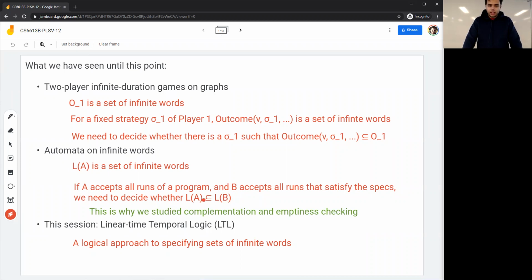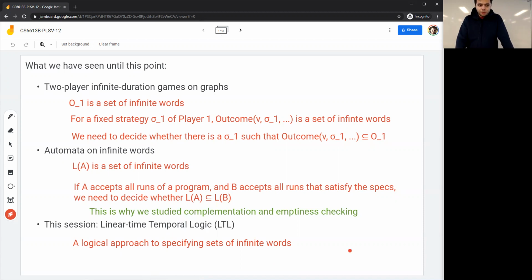So again, here we have two sets of infinite words, and we want to see whether one of them is a subset of the other one, just like here. And this was the reason why we studied complementation and emptiness checking, because using them, we can also check whether the language of one of the automata is included in the language of the other.